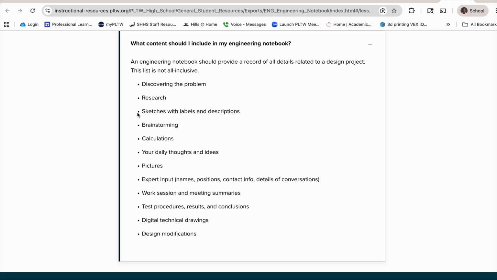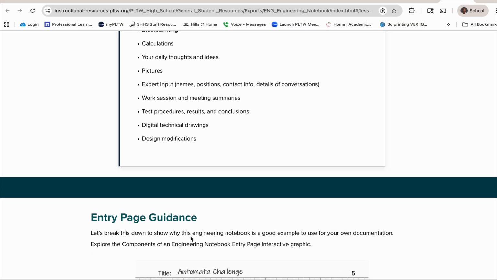Discovering the project, research, sketches and label descriptions, brainstorming, calculations, your daily thoughts and ideas, pictures, experts' names, if you had someone advising you on a particular project, work sessions and meeting summaries, test procedures, results, conclusions, digital technical drawings, and design modifications.